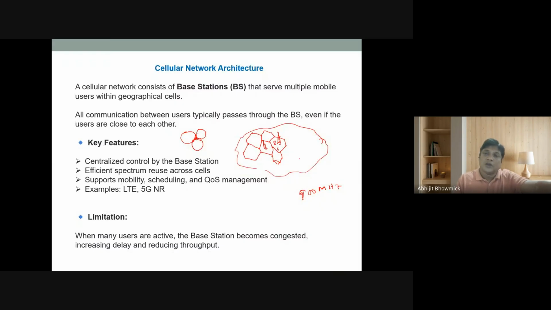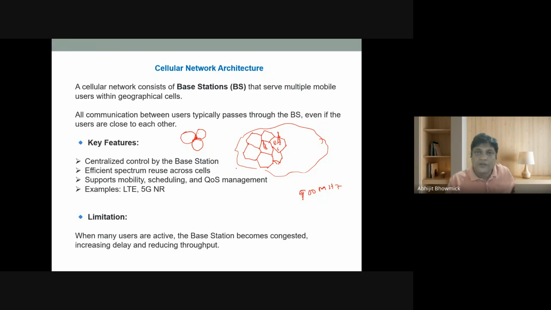Maybe a total band is allocated among these cells, and the users are supported by the allocated bands.